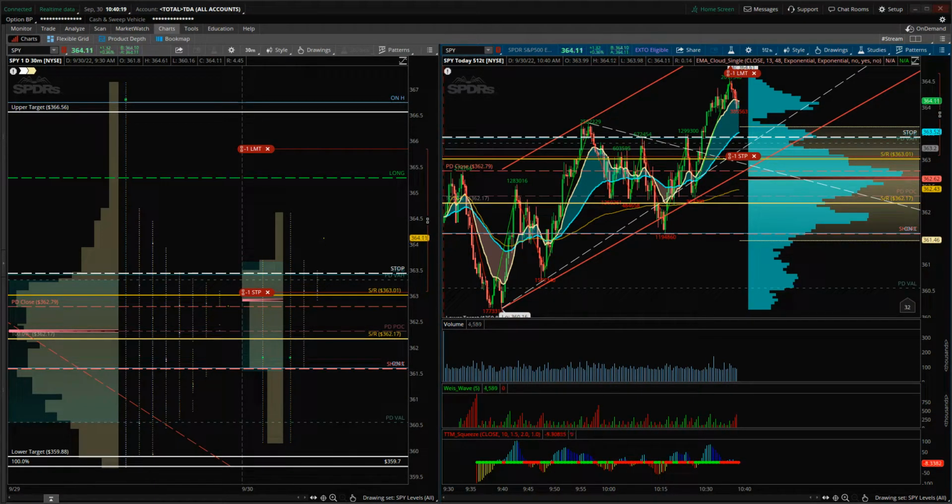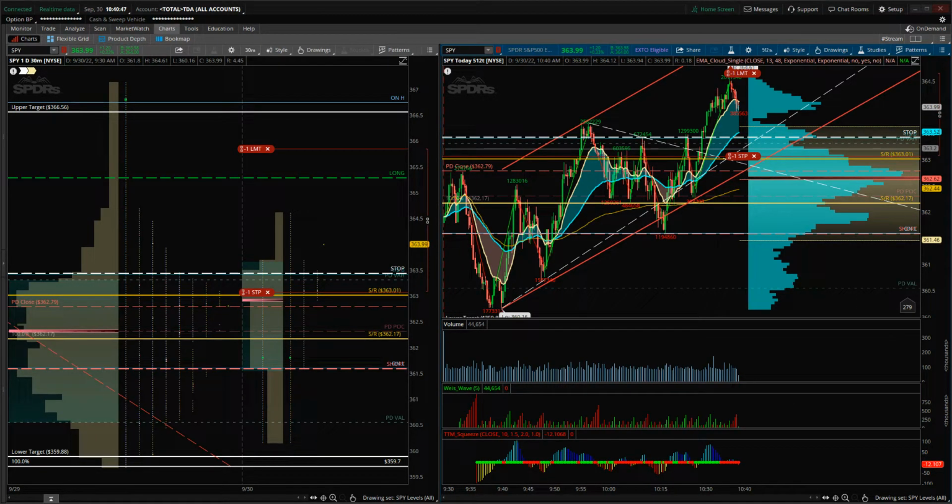All right, that's about where we would expect support to hold. So we'll see if we get some pushback. We could kind of look towards our thin zone in the volume profile too, and then where we would expect to find support is more around that 363.75 level.